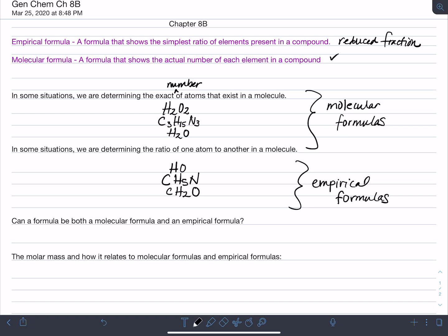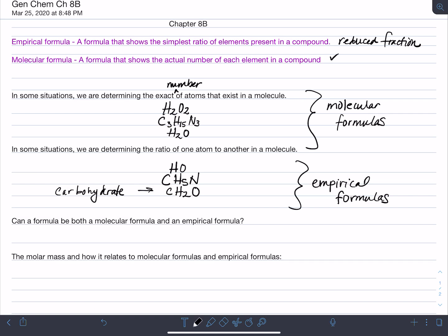Okay. Now, none of these empirical formulas here are exact formulas. This is the empirical formula for a carbohydrate. But you don't ever see a carbohydrate with that molecular formula.